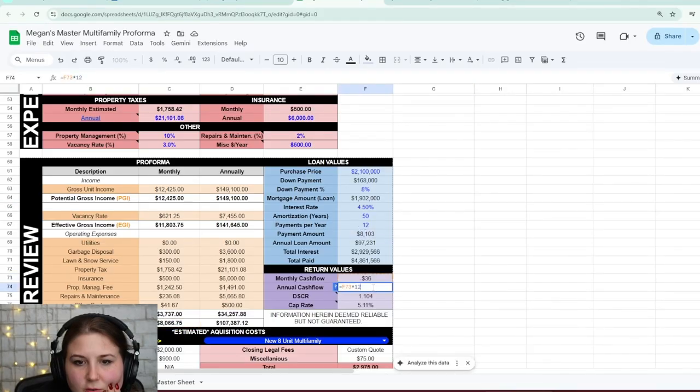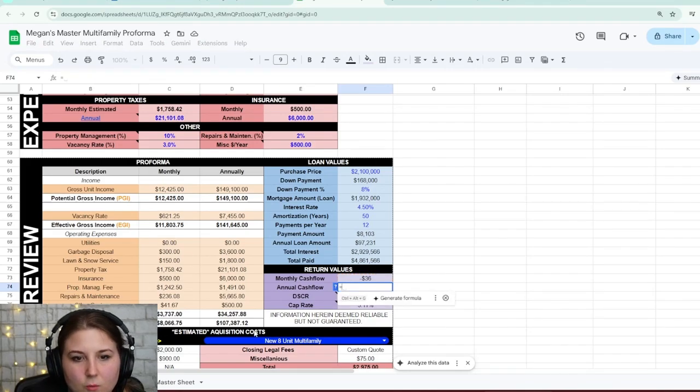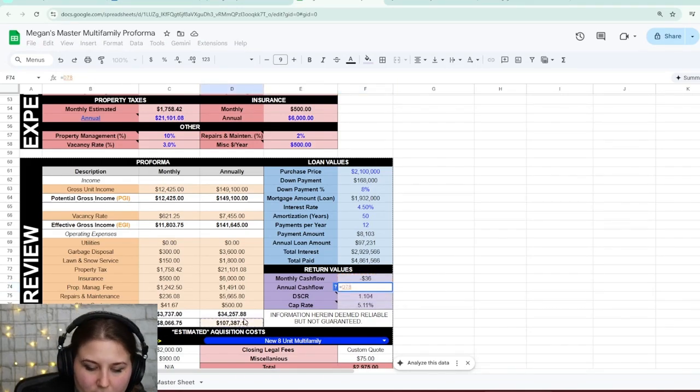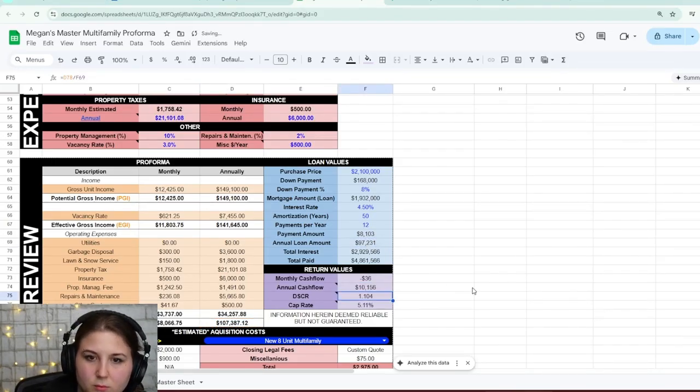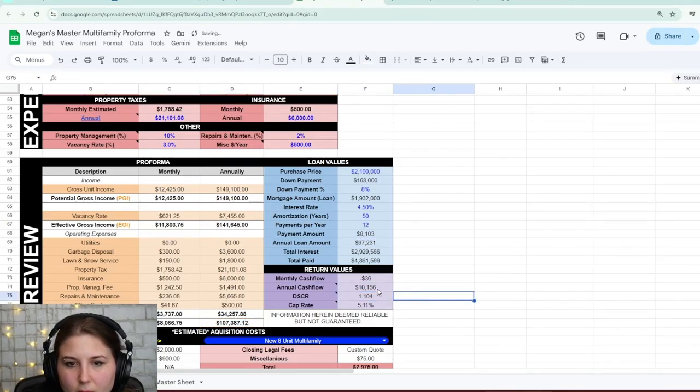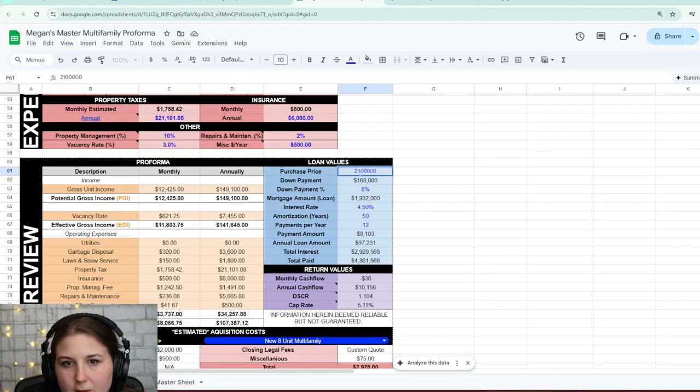I should change this to equals annual NOI subtract annual loan amount. There we go. She's tight. Yeah, so I doubt you're gonna get 100K off.